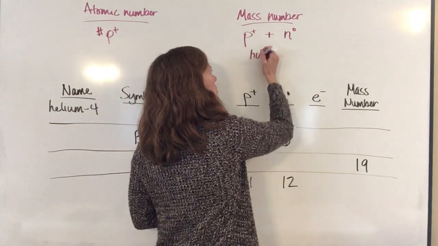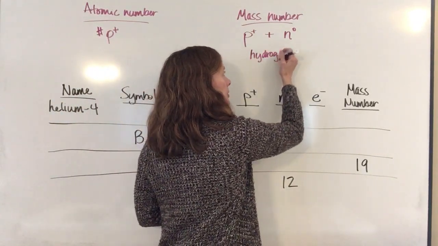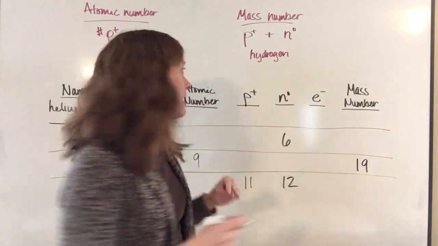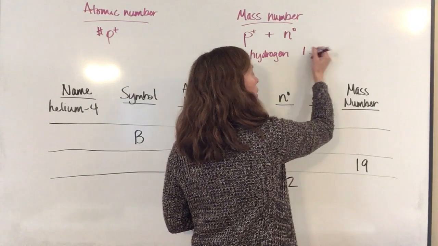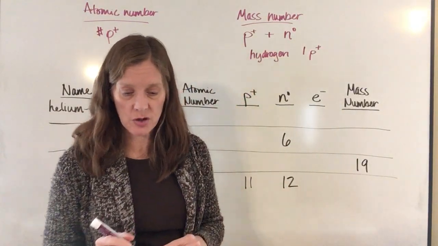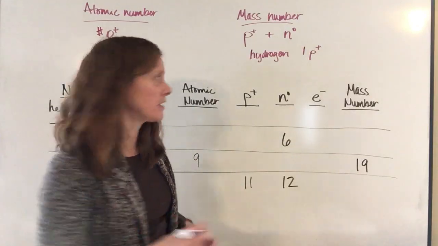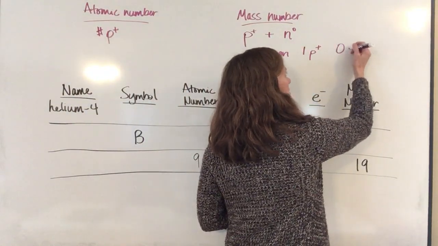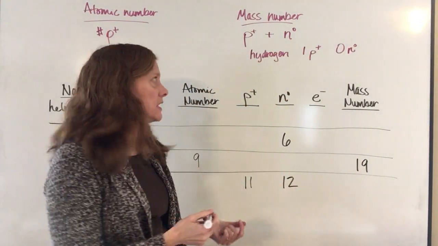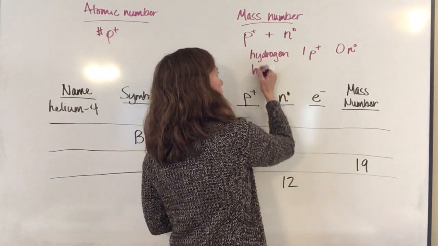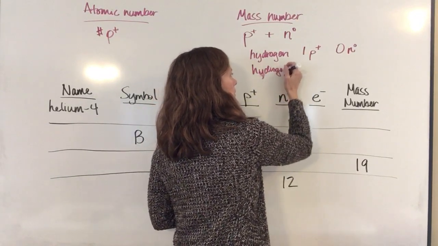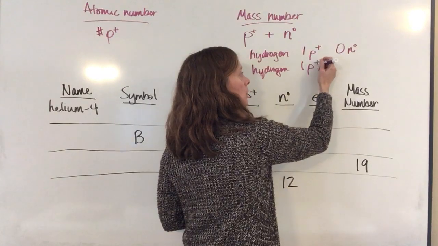So let's take hydrogen as an example. I know that hydrogen from the periodic table, because the number up in the upper left-hand corner was a 1, that means that hydrogen is always going to have 1 proton. That will not change, okay? Sometimes hydrogen doesn't have any neutrons at all. It just doesn't have any. Sometimes an atom of hydrogen, again, always has 1 proton.